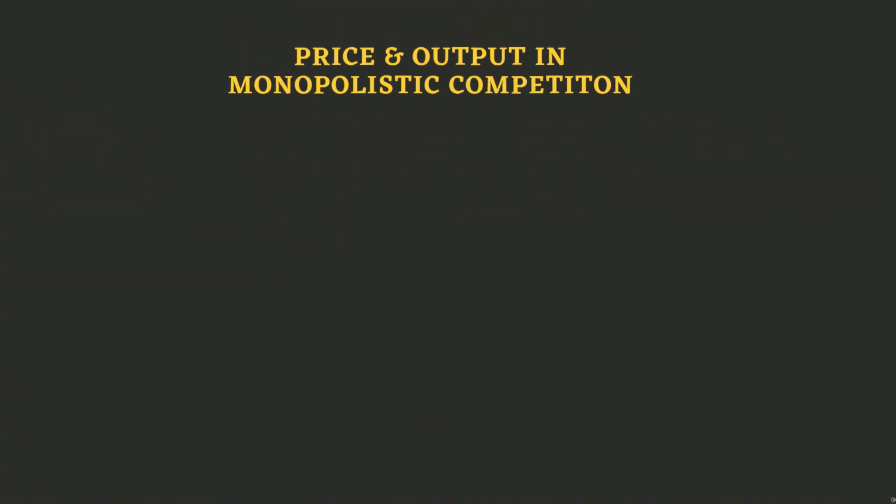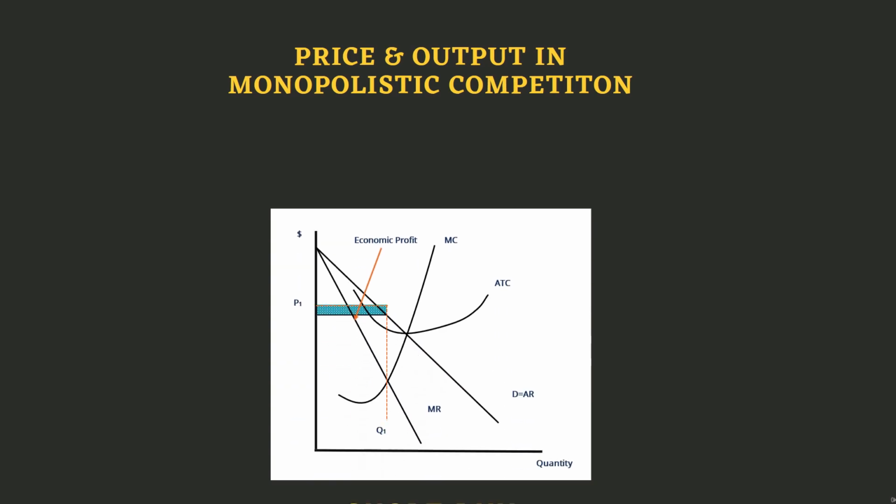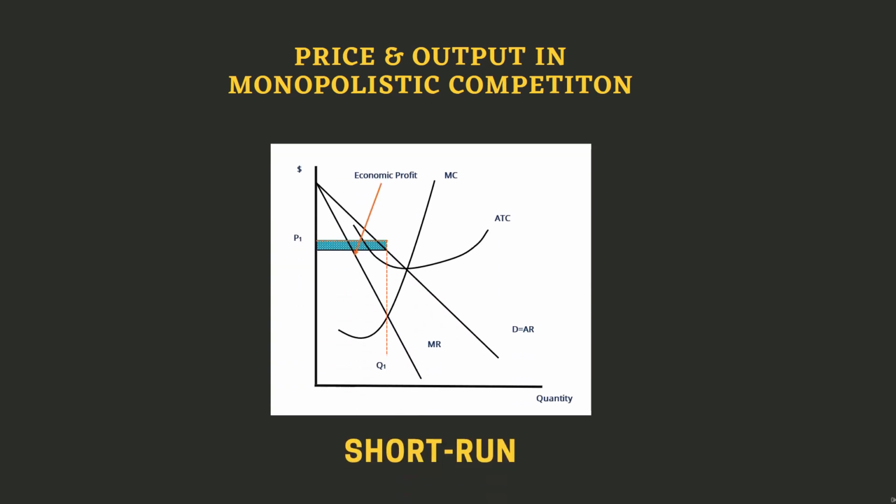There are several price and output that we can get from this monopolistic competition. The first one is short-run monopolistic competition. Here is how short-run monopolistic competition looks like. We can see monopolistic competition that take place among firms that distribute differentiated products that are not perfect substitutes.